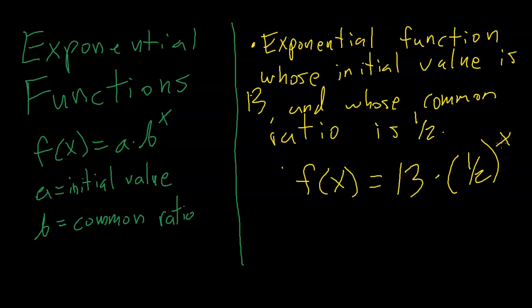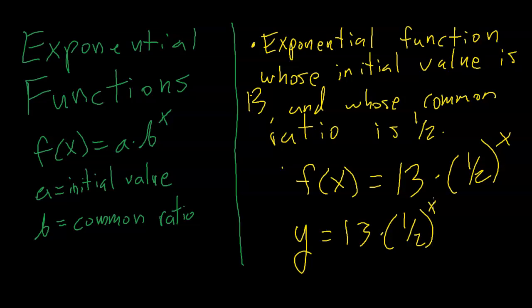Of course, we could also write this as y equals 13 times 1/2 to the x power, right? Because remember, in linear functions, sometimes we wrote f of x equals mx plus b, and sometimes we wrote y equals mx plus b. They just mean the same thing.